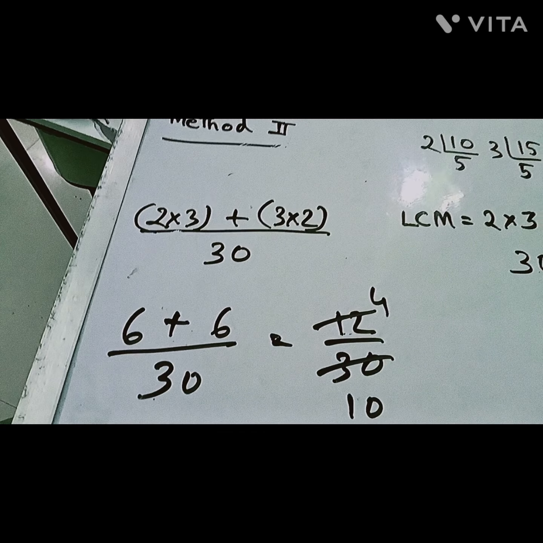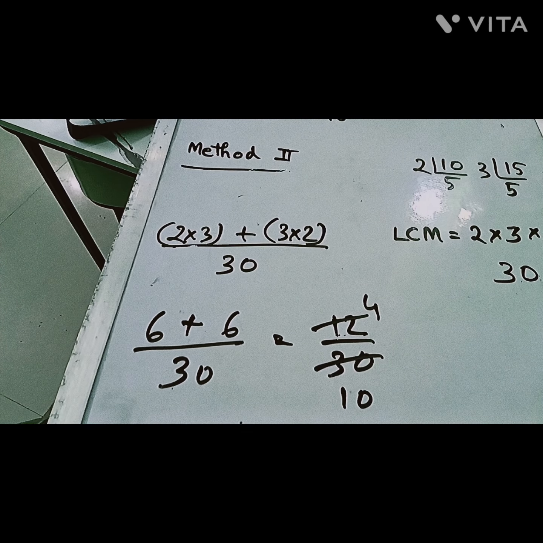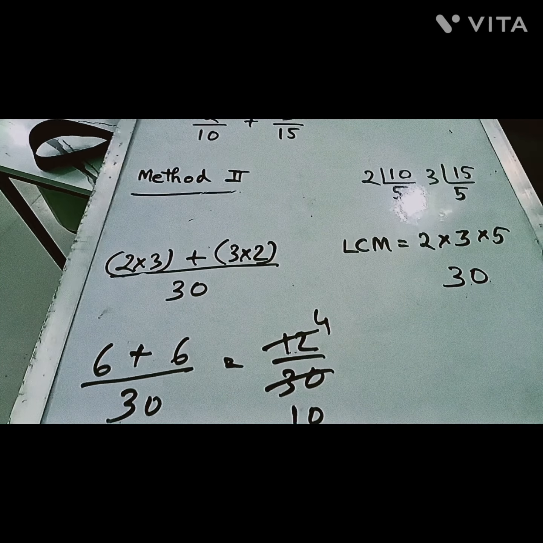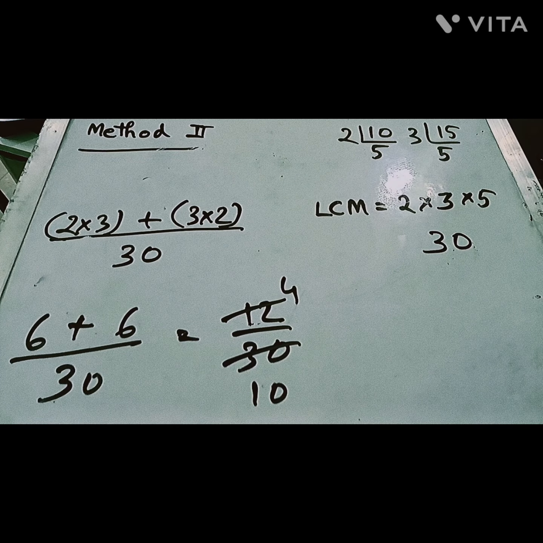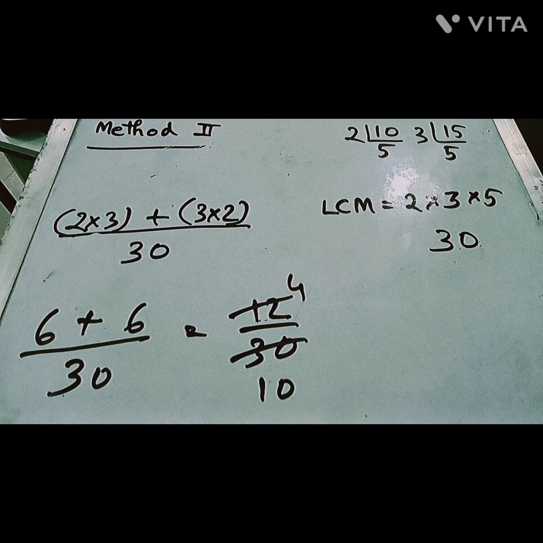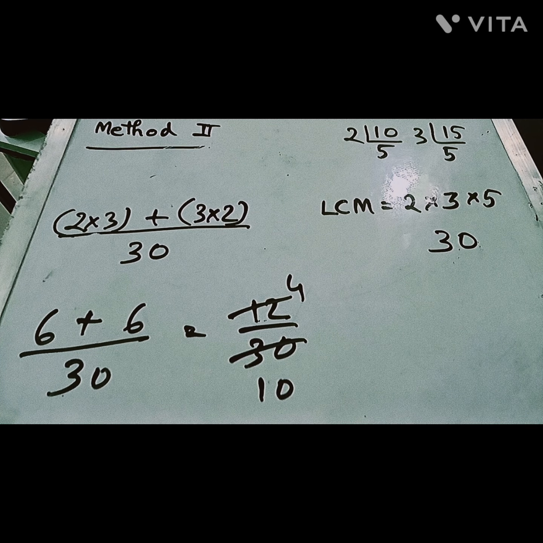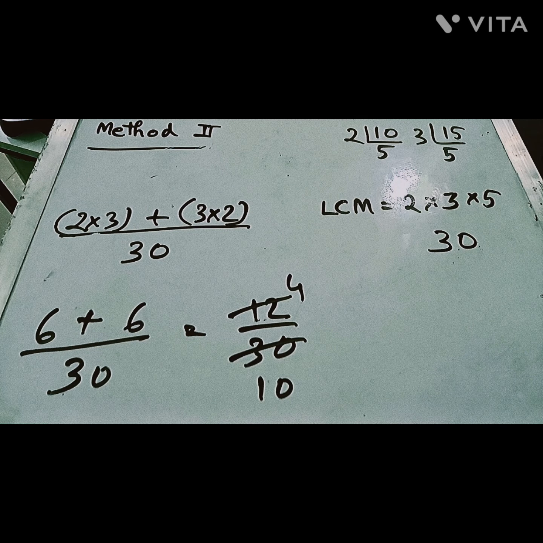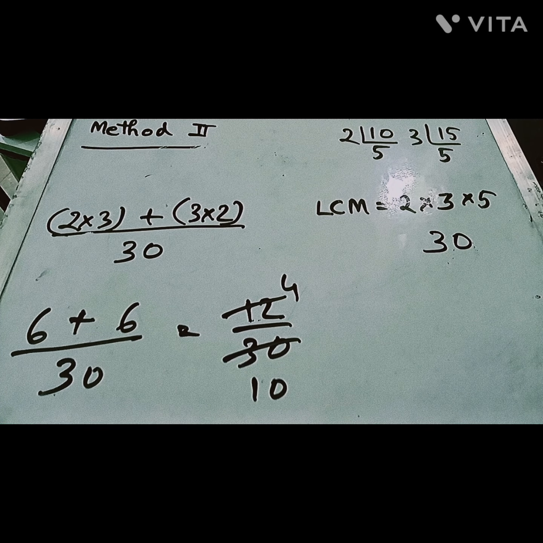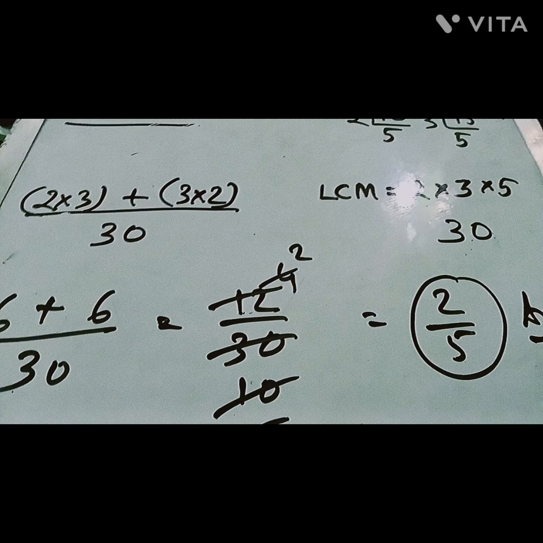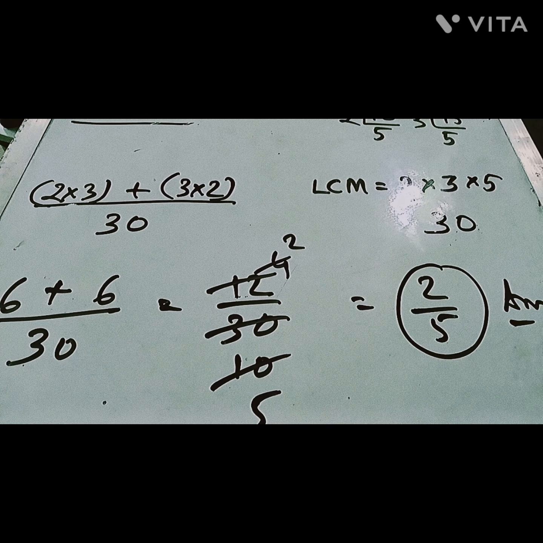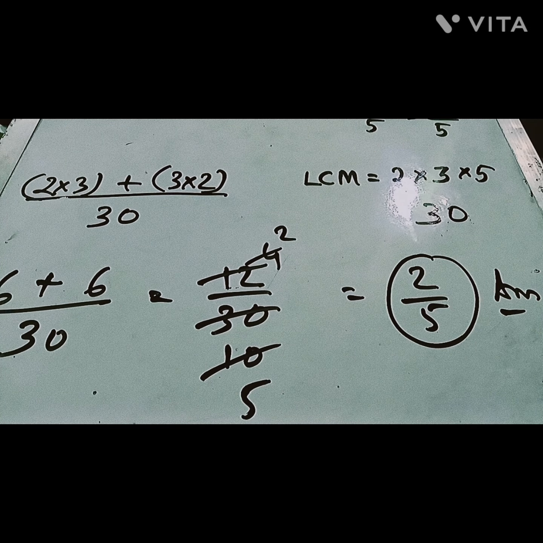So 12 by 30, we can reduce both the numerator and denominator by the number 3. 3 4s are 12, 3 10s are 30. Now can we further reduce? Yes, 4 and 10 we can reduce by dividing by 2. So 2 2s are 4, 2 5s are 10.